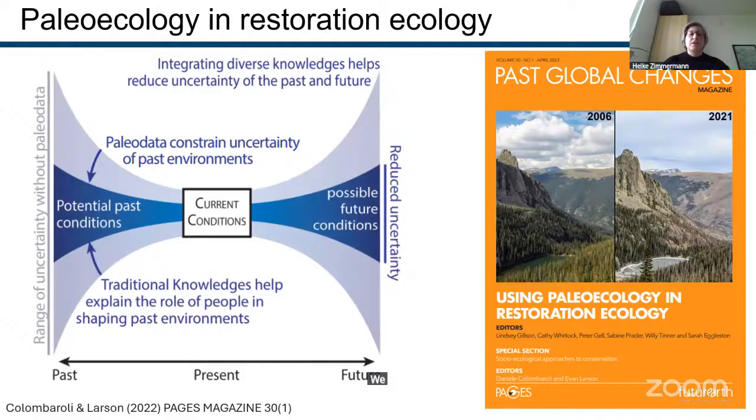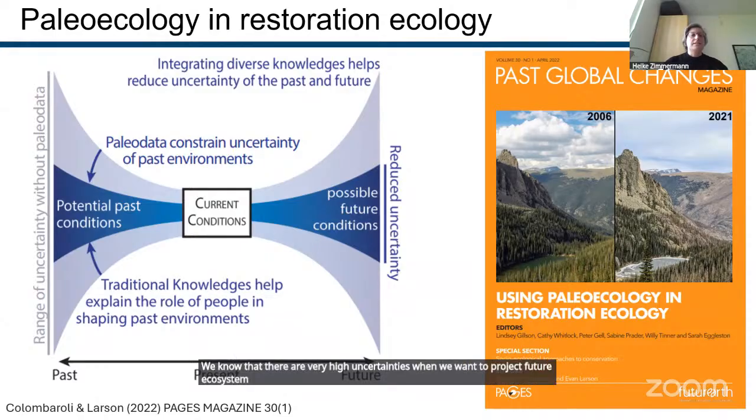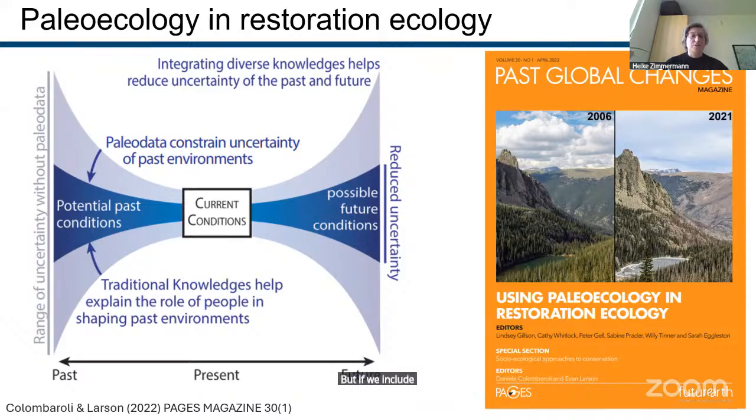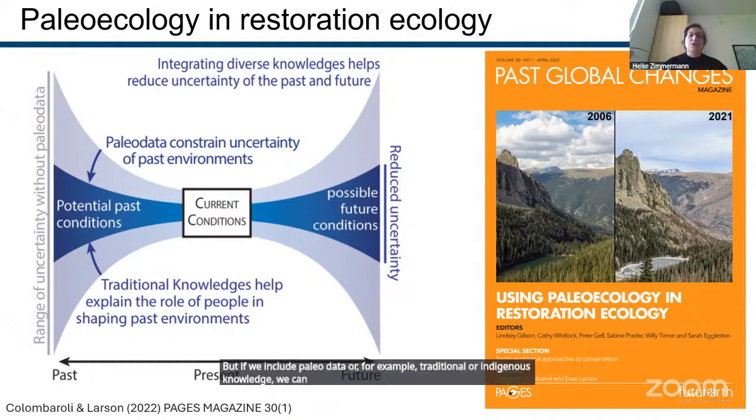We know that there are very high uncertainties when we want to project future ecosystem conditions, but if we include paleo data, or for example, traditional or indigenous knowledge, we can actually strongly reduce that uncertainty. And therefore, paleoecology or paleo data is increasingly used in restoration ecology.